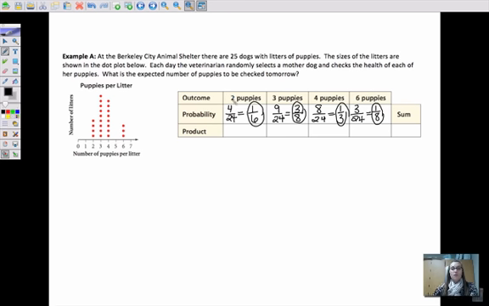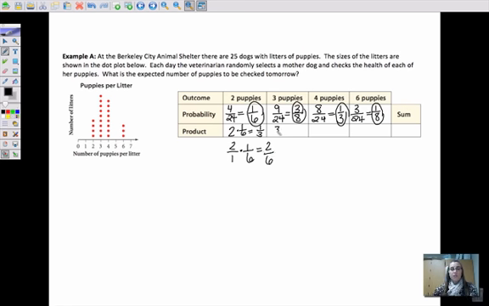So we take the value, so 2 puppies times 1/6, which is 2/6, which is 1/3. I did this in my head. 2 over 1 times 1/6 equals 2/6. So that equals 1/3.